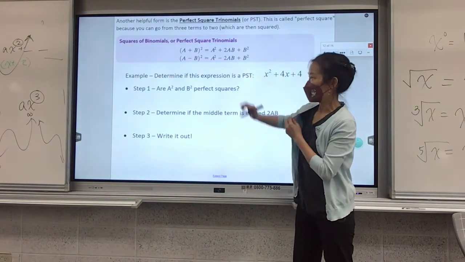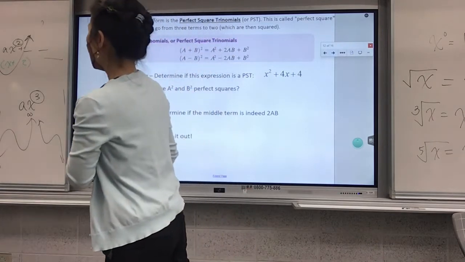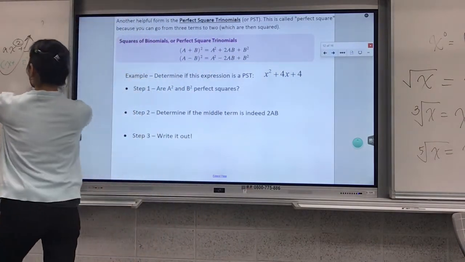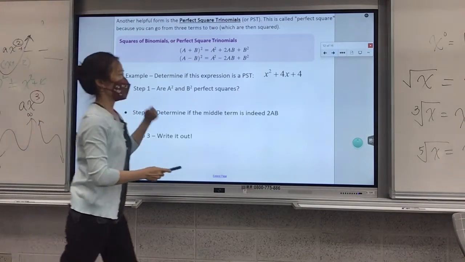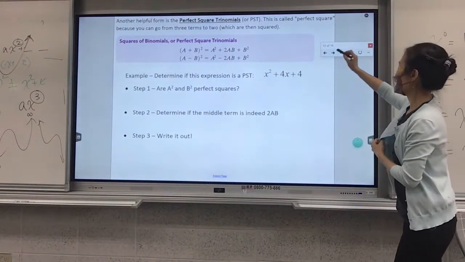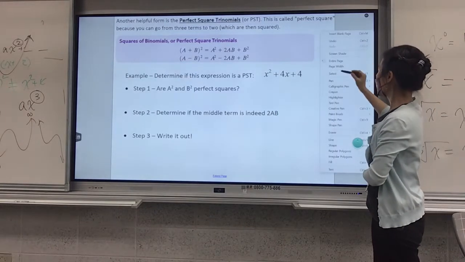So does this work? No. This is equal to x plus 2 times x plus 2. This is still x plus 2 squared. That's not x squared plus 4.